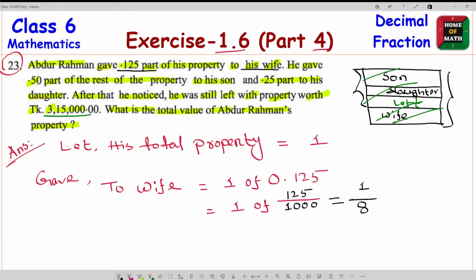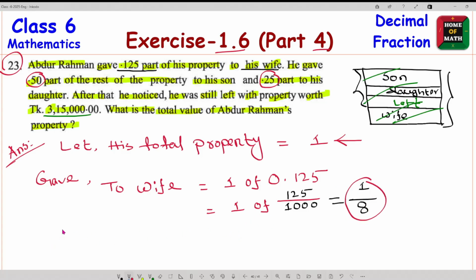Now look, here it is mentioned that 0.5 and 0.25 are given to his son and daughter, but this is not from the whole portion, this is from what remains after this one.